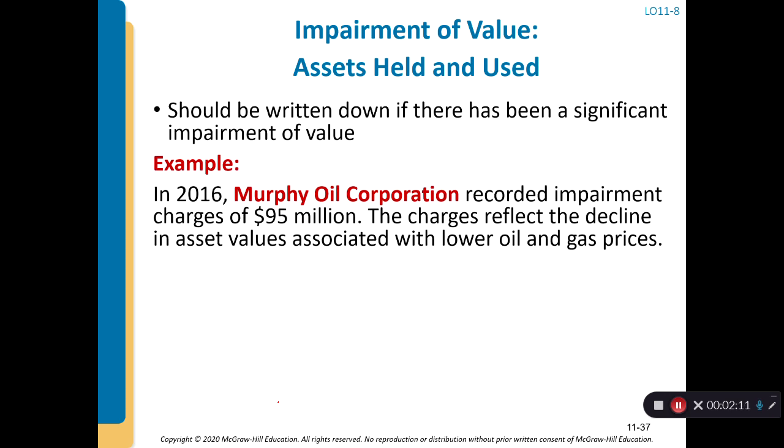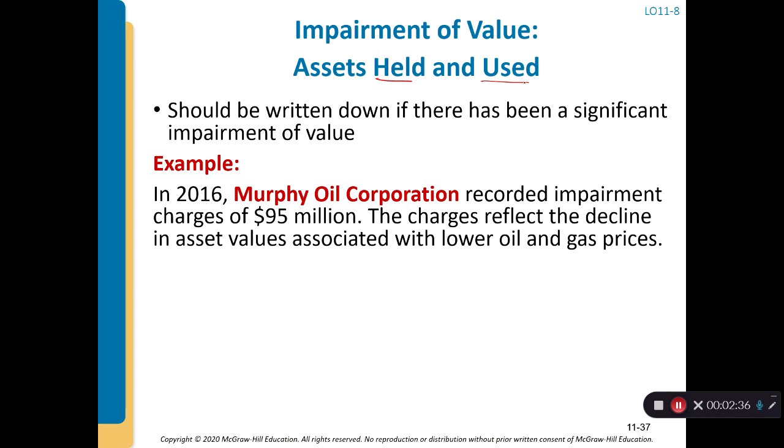Okay, so first of all, we want to talk about the impairment for the value of the asset that you want to hold and use. There is an increasingly common occurrence in practice of a partial write-down of property, plant, and equipment and intangible assets that remain in use.